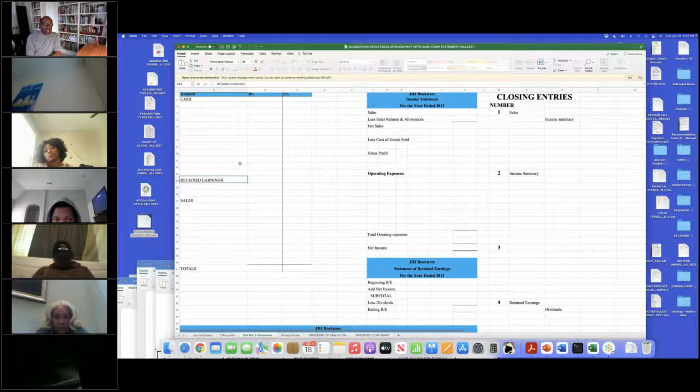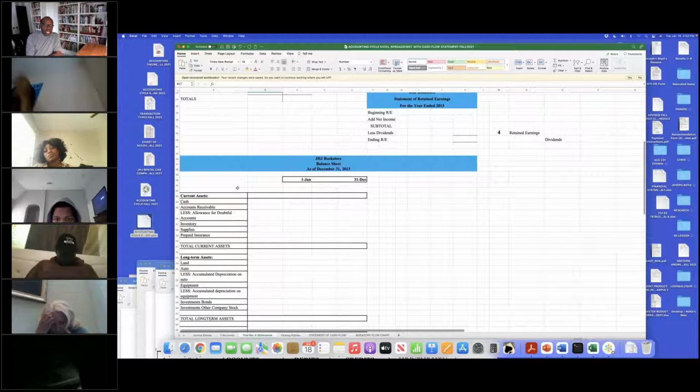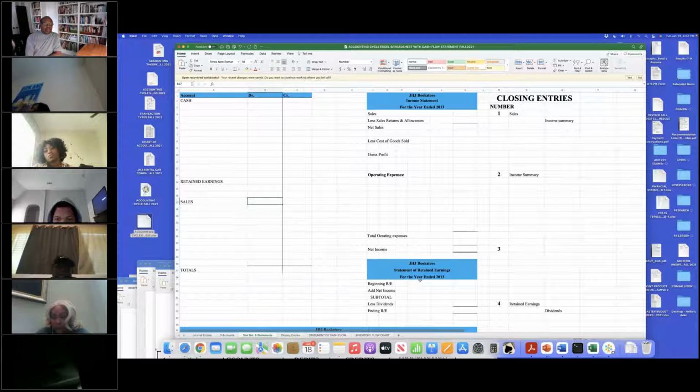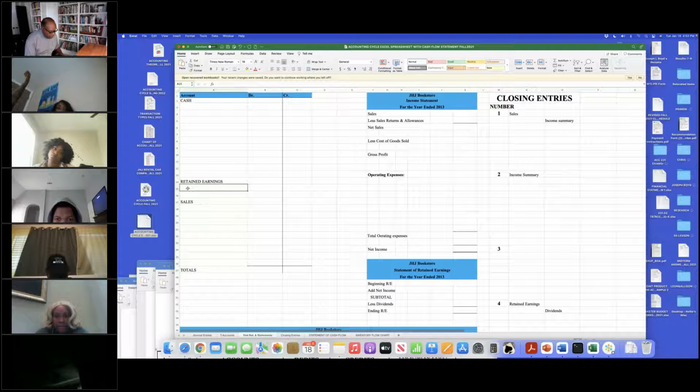So the Excel spreadsheet has the trial balance. It then has the income statement, the statement of retained earnings, and these closing entries, because we close out all of the temporary accounts. Dividends will be here, so everything from dividends on down, we're going to close out.